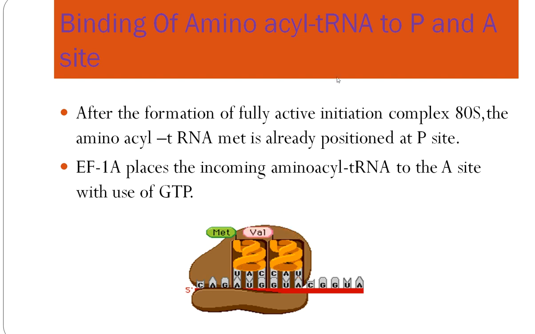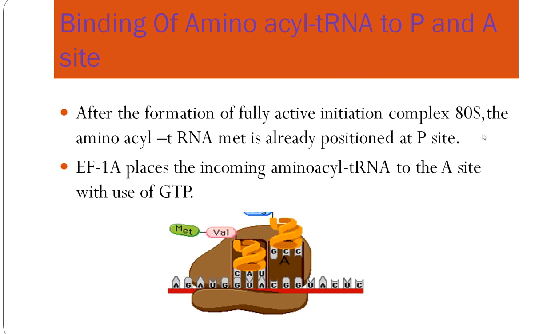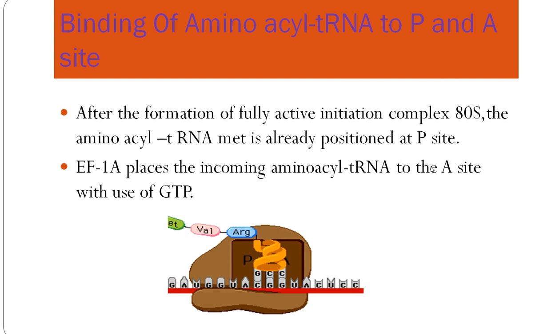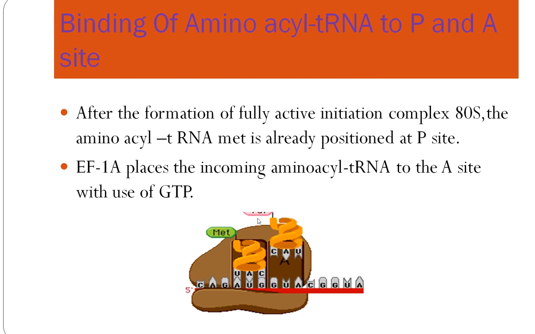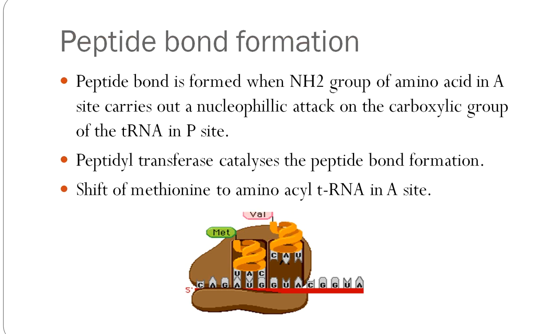So, after the formation of the fully active 80S initiation complex, the aminoacyl tRNA methionine is already positioned at the P site, as we already saw. And EF1A, that is elongation factor 1A, places the incoming aminoacyl tRNA to the A site with the use of GTP. Now the second step is the peptide bond formation.